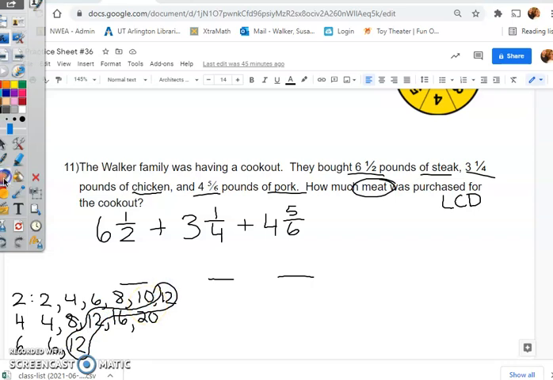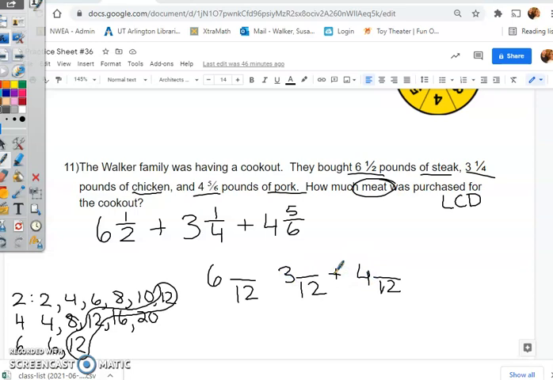So what I'm going to do is, instead of erasing my work, I'm just going to shift this over a little bit, okay? We know the denominator is 12. That's our least common denominator. Now I'm going to start this, and you're going to finish it up, okay? Let's go and put in our whole numbers also.